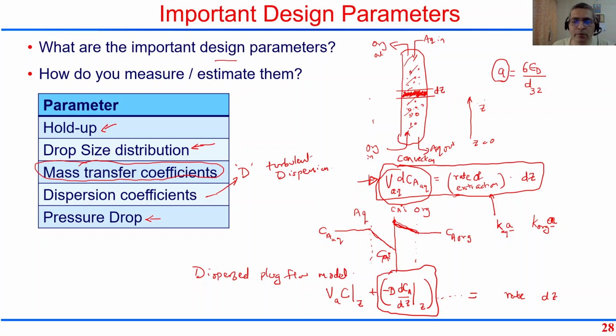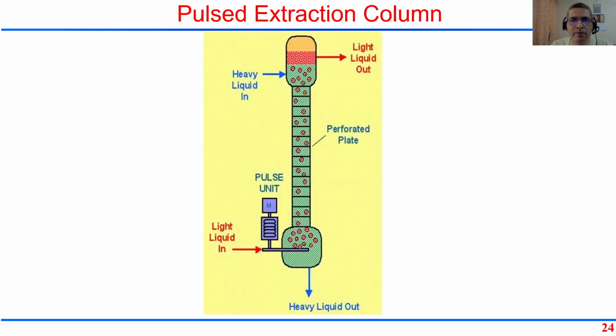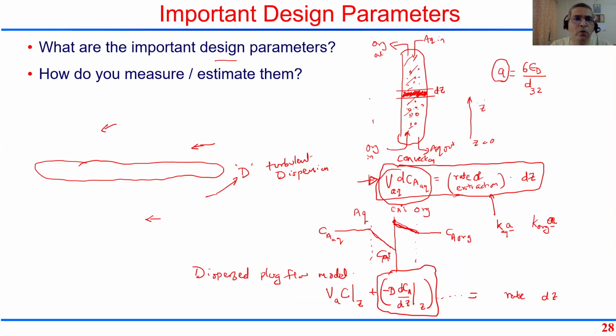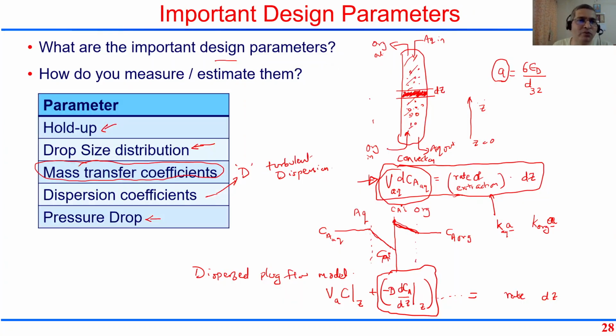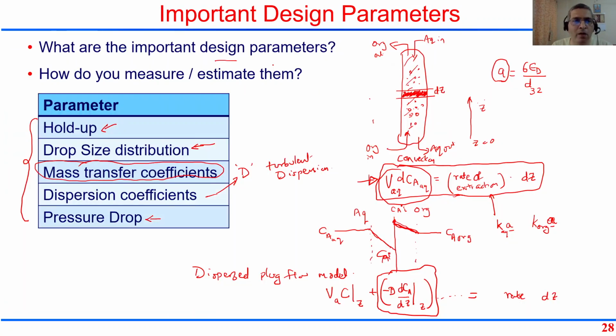So what we will do now is look at all these different equipment that we have seen qualitatively last time, and we will try to do a little bit more quantitative analysis in terms of these parameters. For the spray column, we will see how we can get all these quantities.